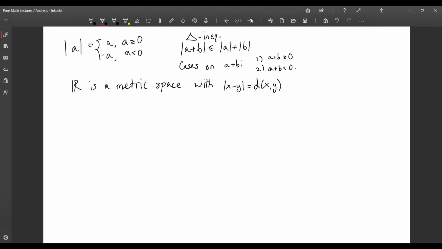And this isn't exclusive to R. Technically, you could have this on Q, the rational numbers. But this is going to help us later when we talk about the topology of R.